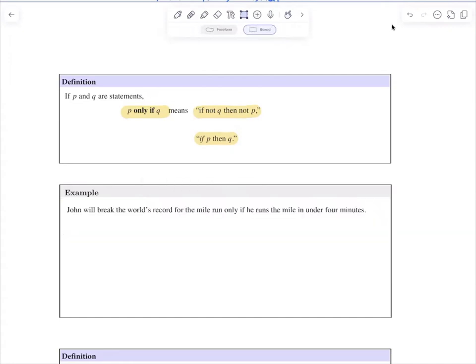John will break the world's record for the mile run only if he runs the mile in under 4 minutes. So what's the meaning of that? We can write down different versions of it.